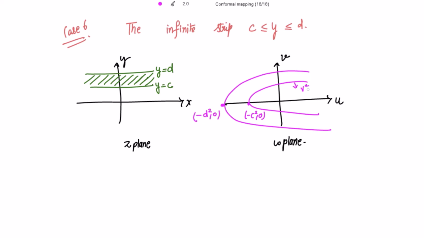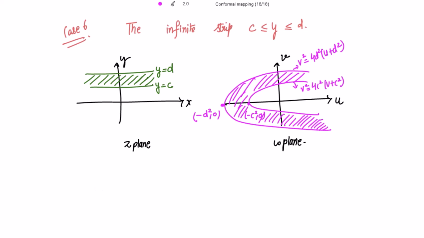So this is v square equal to 4c square into u plus c square, and this is v square equal to 4d square into u plus d square. For this infinite strip, we are getting the region as between these two parabolas. This is the required region in the w plane, the image what we have got in the w plane.